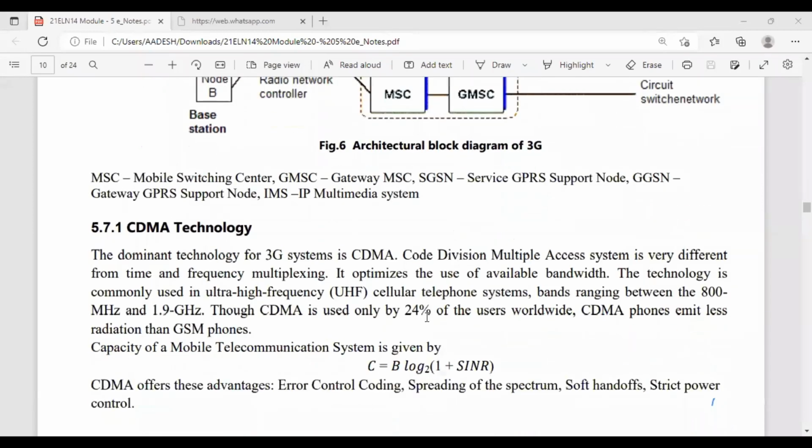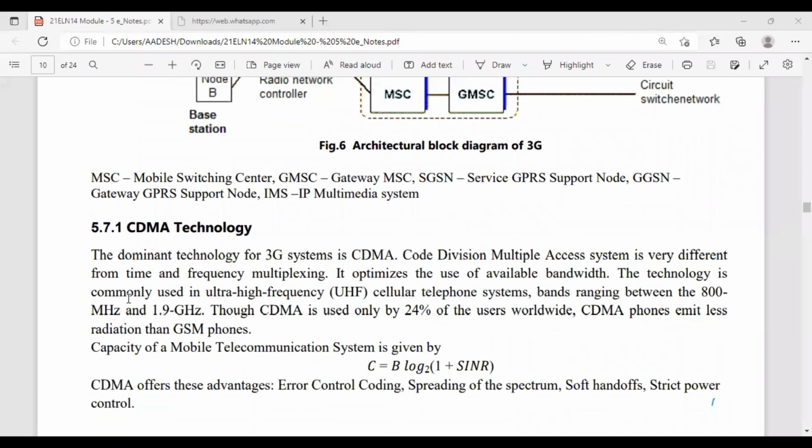Now coming to CDMA technology. The major technology used in 3G is CDMA. We all know CDMA means code division multiple access, right? This is similar to frequency division multiple access, wherein we also use codes here. It optimizes the use of available bandwidth.